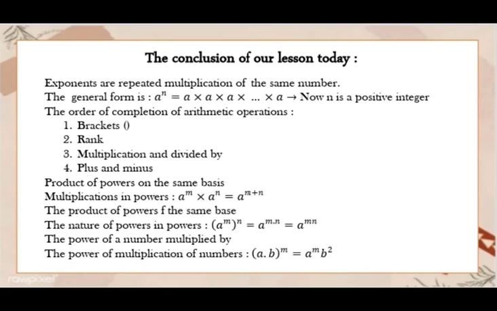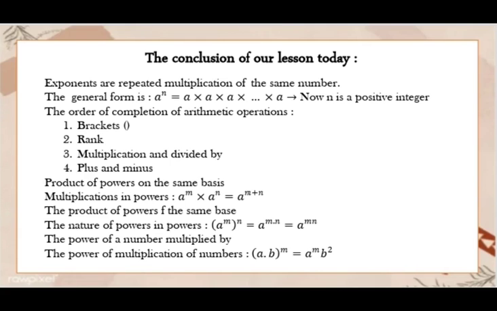Product of powers with the same base: a to the power of m multiplied by a to the power of n equals a to the power of m plus n. Power of a power: a to the power of m, in brackets, to the power of n equals a to the power of m multiplied by n, which equals a to the power of mn.